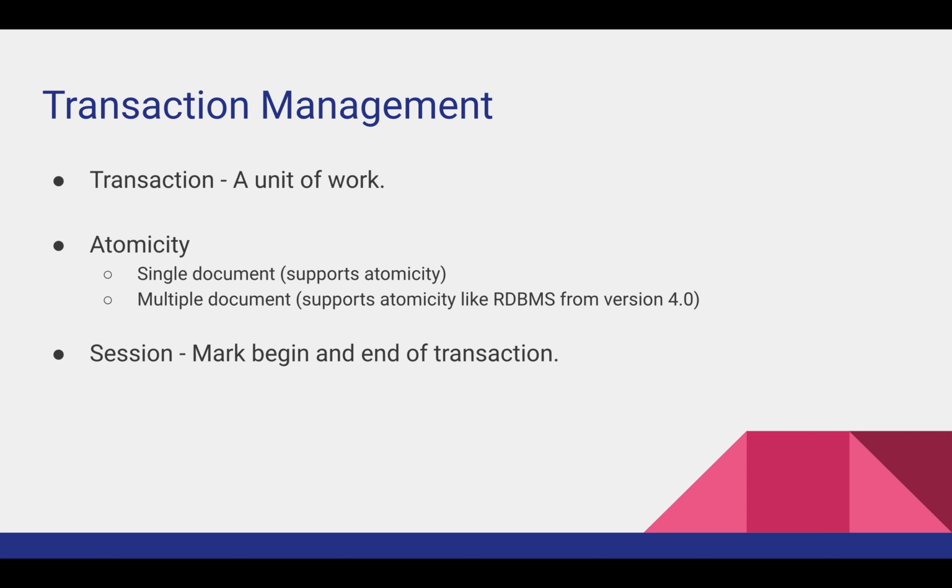However, an atomic write operation on multiple documents is significantly costlier than the operation on a single document. Hence, the official MongoDB documentation recommends the denormalized data model for optimal transactions on data. That is, minimizing the number of multi-document transactions will increase the number of atomic single document transactions. In MongoDB, the start and end of a transaction are marked by a session.